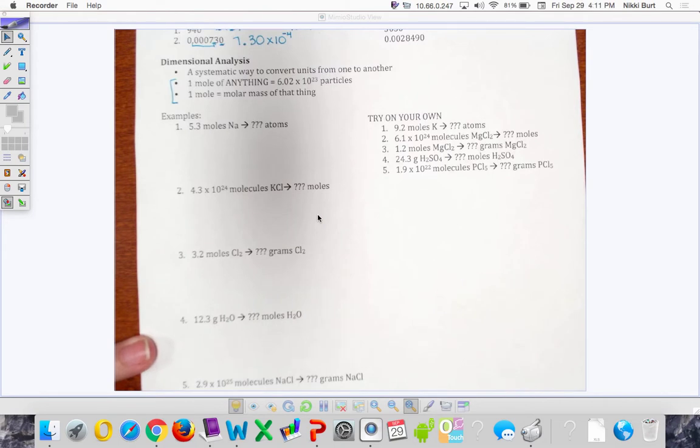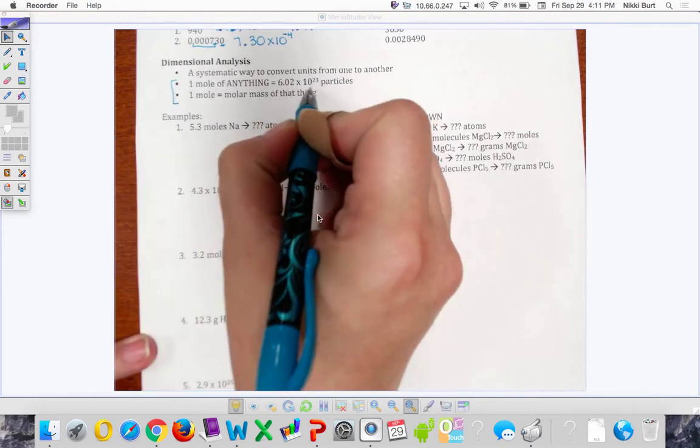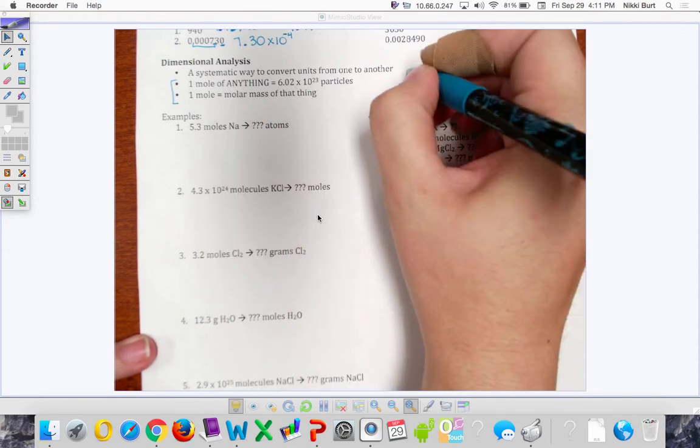We talked about 1 mole of anything. The word mole is just a way that we can group a bunch of stuff into a nice little package. And so a mole of anything is going to have 6.02 times 10 to the 23rd particles in it.